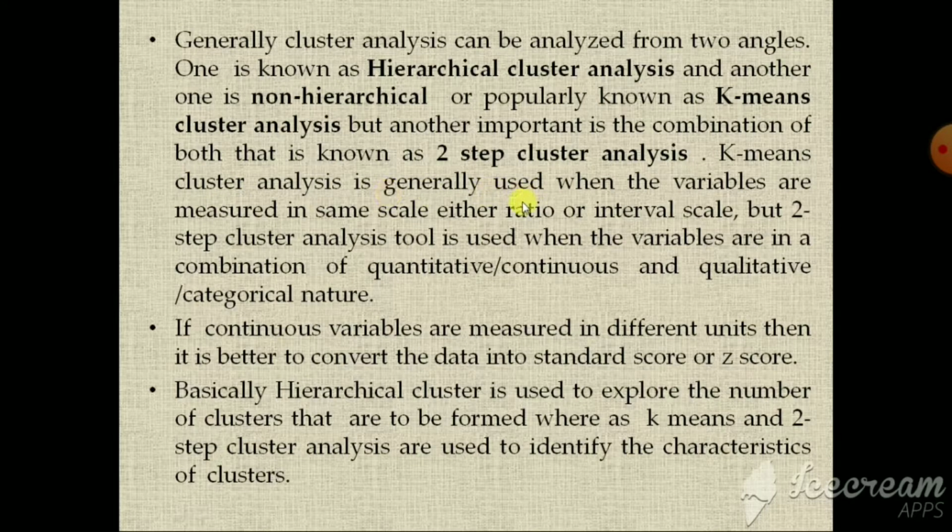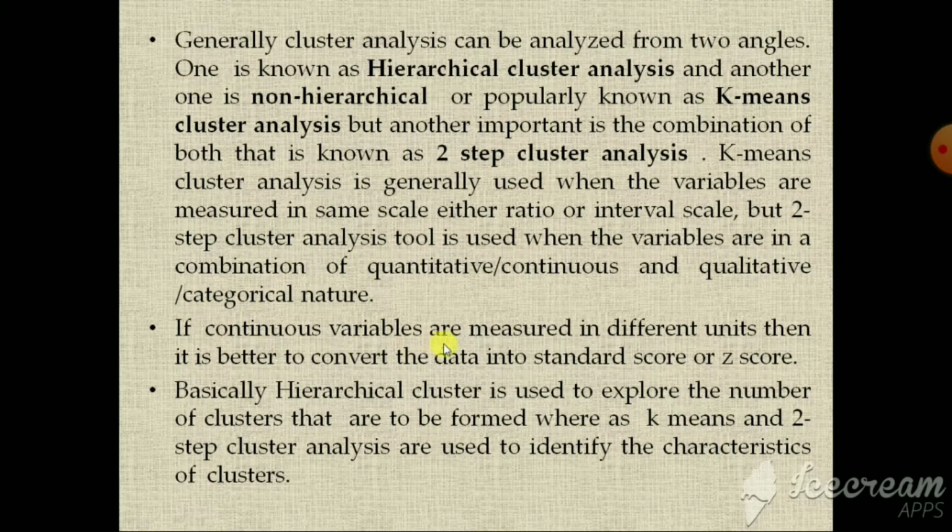K-means cluster analysis is generally used when the variables are measured on the same scale, either ratio or interval scale, but the two-step cluster analysis tool is used when variables are a combination of quantitative, that is continuous, and qualitative, that is categorical in nature.